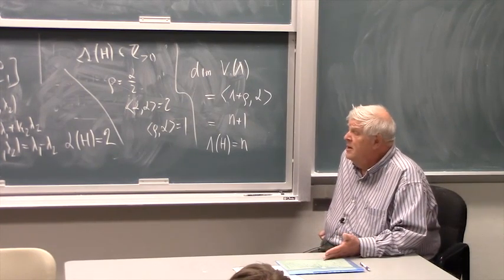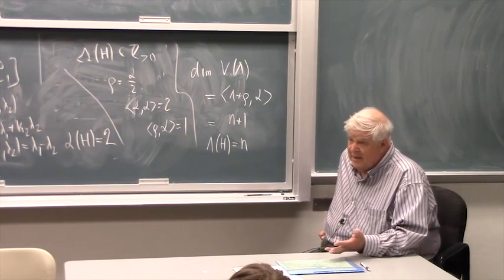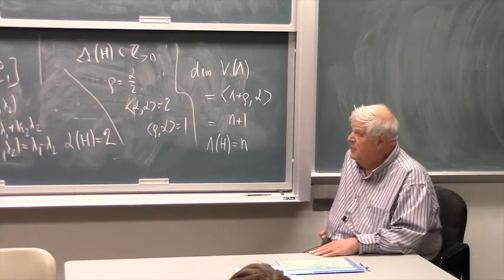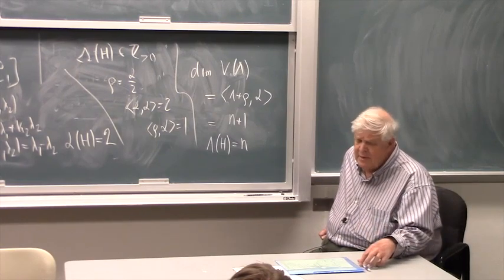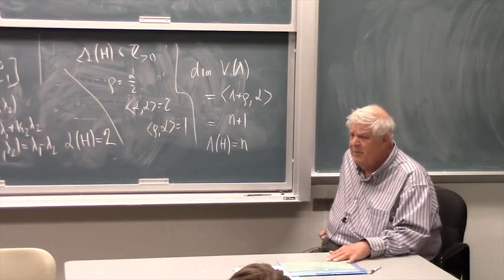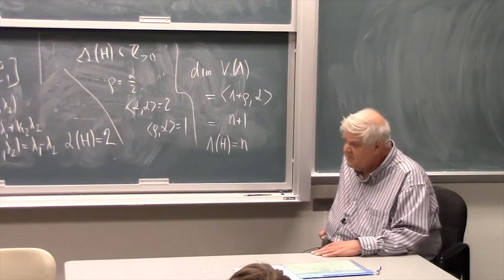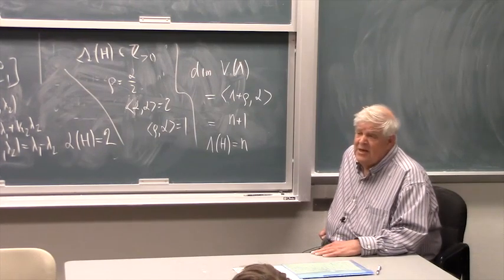We can do something more than that. For example, we can take SL3 or SLN. All the computations for classical Lie algebras are very simple.